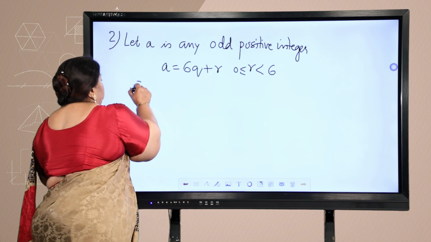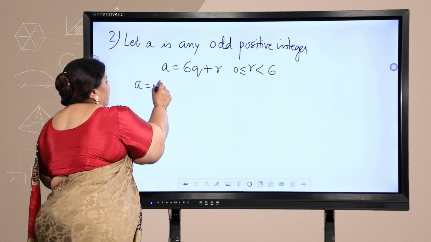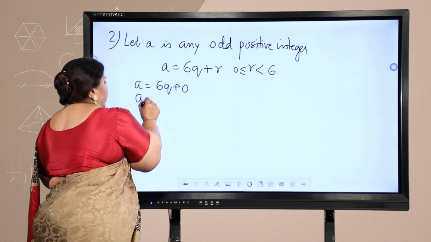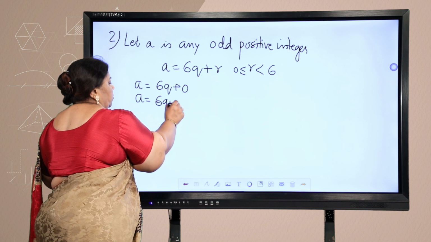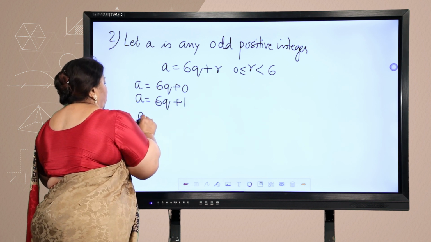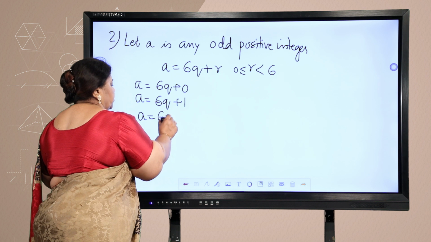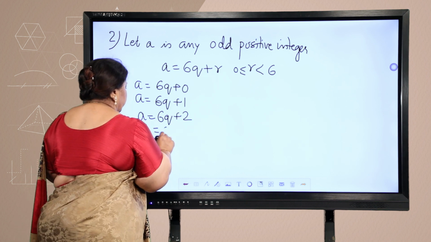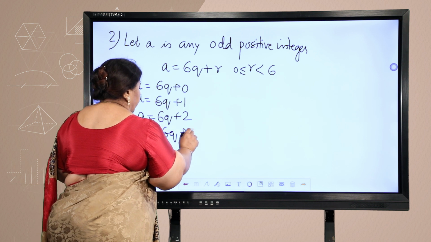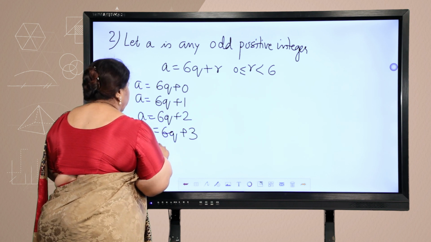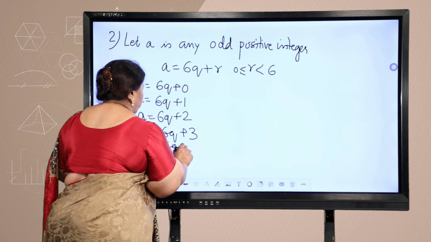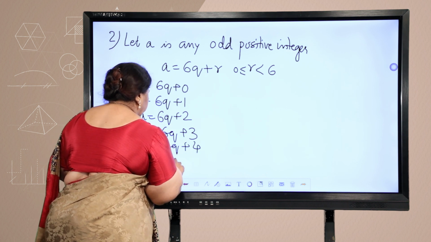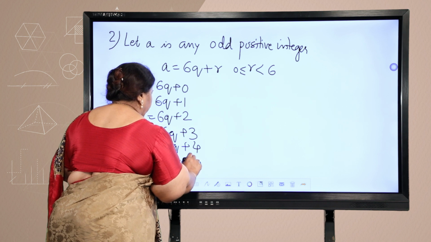A either can be of the form 6q plus 0 or A is equal to 6q plus 1 or A is equal to 6q plus 2, A is equal to 6q plus 3 and A is equal to 6q plus 4 or A is equal to 6q plus 5.